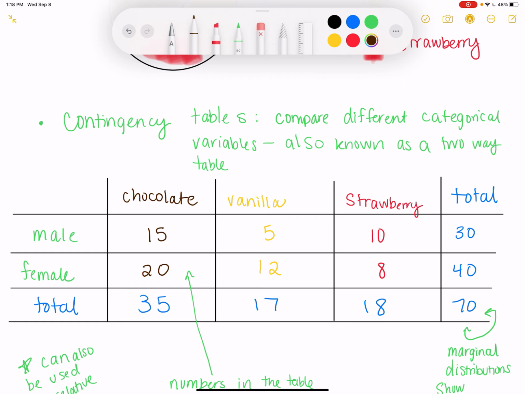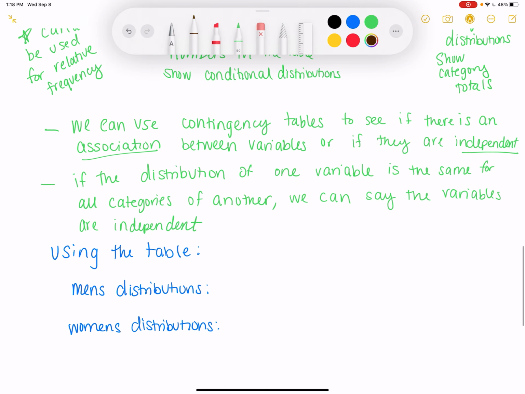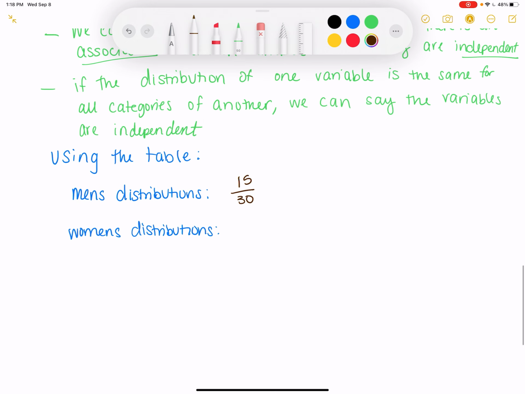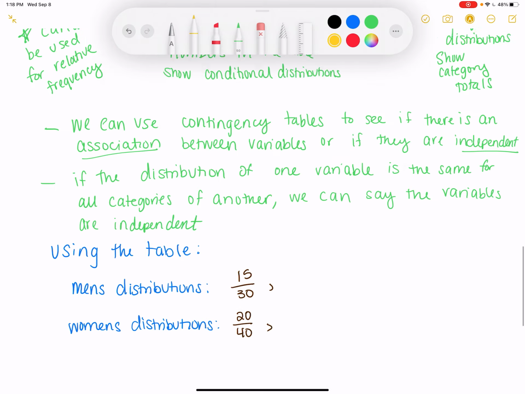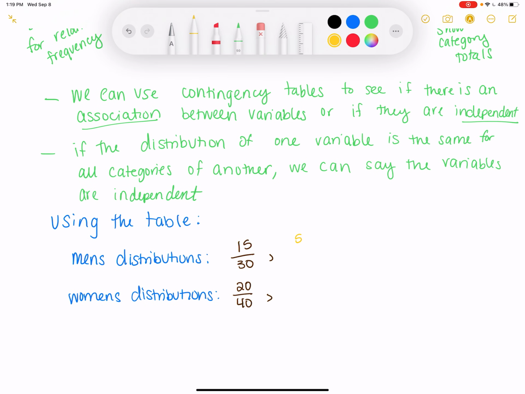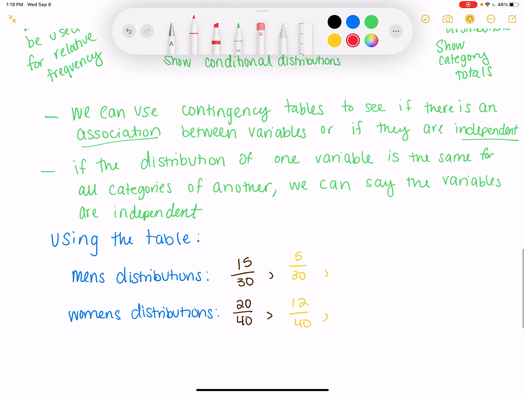Women was 20 out of 40. For vanilla, it was 5 out of 30 and 12 out of 40. And then strawberry is 10 out of 30 and 8 out of 40.